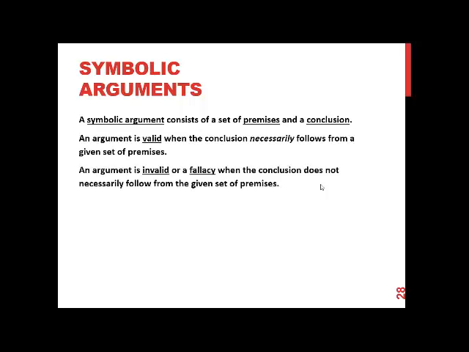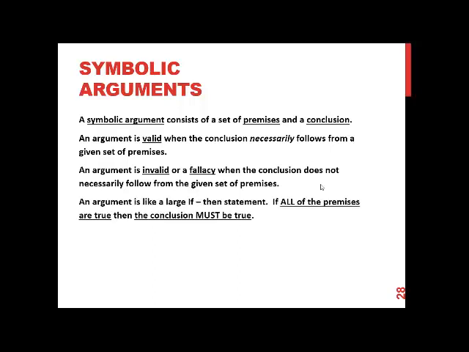An argument is invalid, or a fallacy, when the conclusion does not necessarily follow from the given set of premises. An argument is like a large if-then statement. If all of the premises are true, then the conclusion must be true.